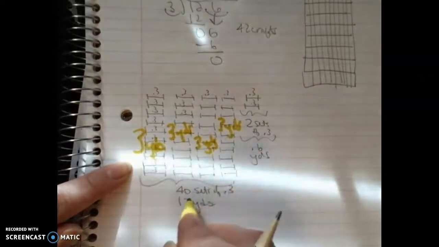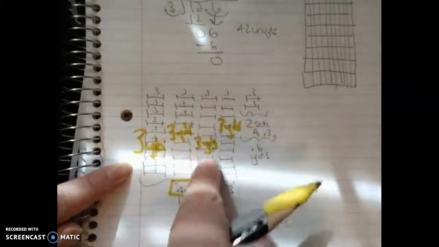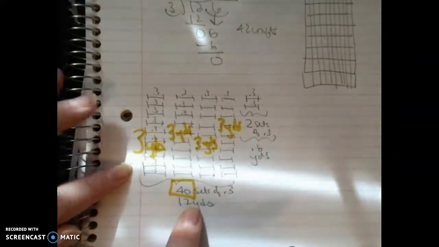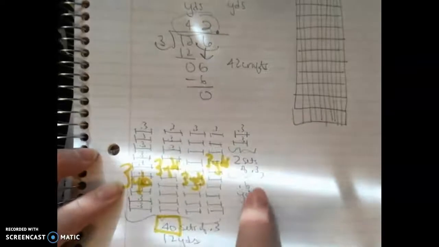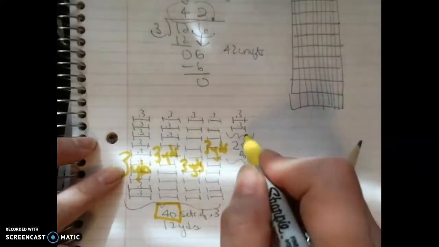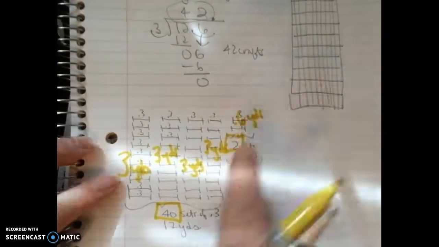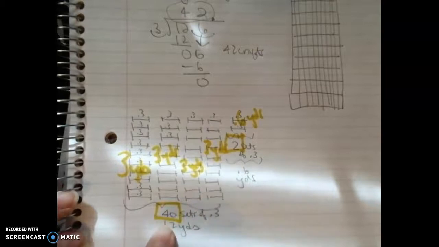So far I've used up 12 yards, and that's 40 sets, because 10, 10, 10, 10, that's 40. And I've used up 12 yards, which means I have 0.6 left, which I can do twice, right? So that's 2 sets, and that uses up 0.6 yards.